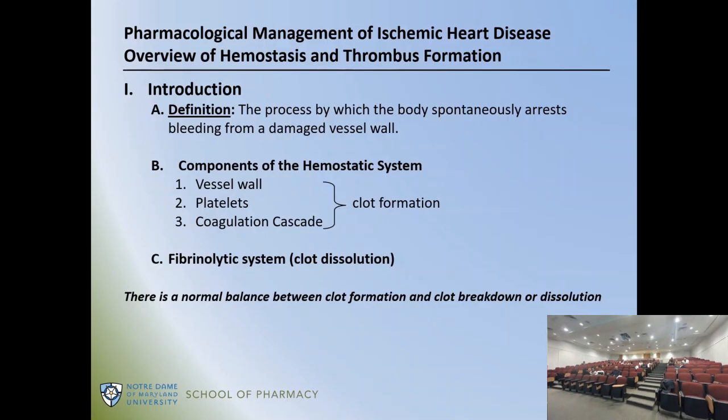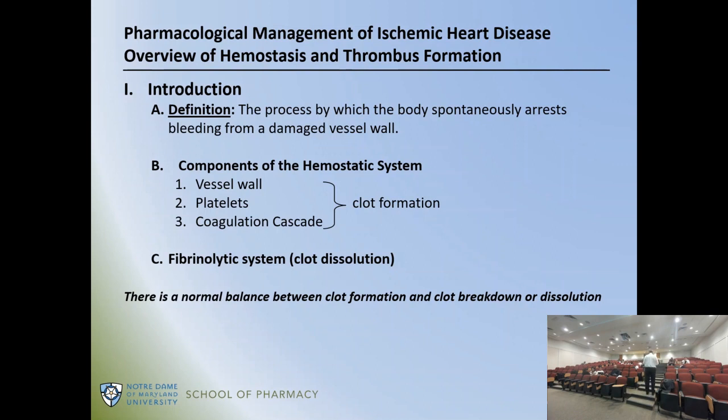Okay? Now, in your body all the time, there's a normal balance between clot formation and clot breakdown. Right now, you have clots that are formed in your body that you don't even know about. Okay? On a microvessel level, maybe even on a macrovessel level, hopefully not, but maybe you do. And clots are in many cases a good thing because they keep you from bleeding to death, right?